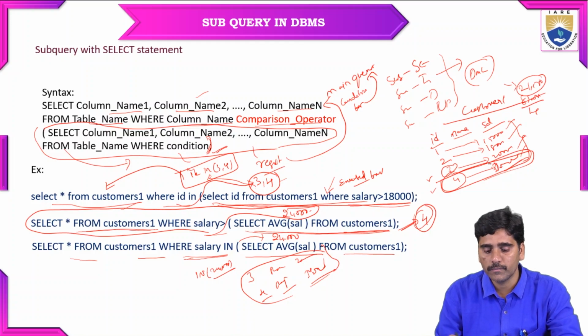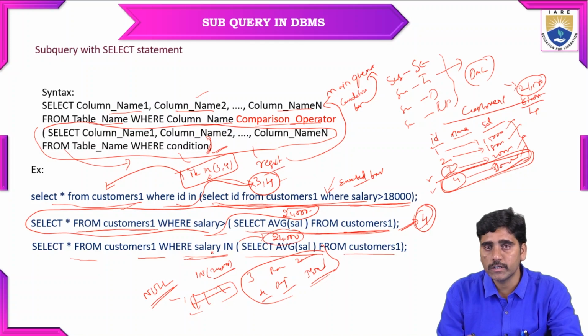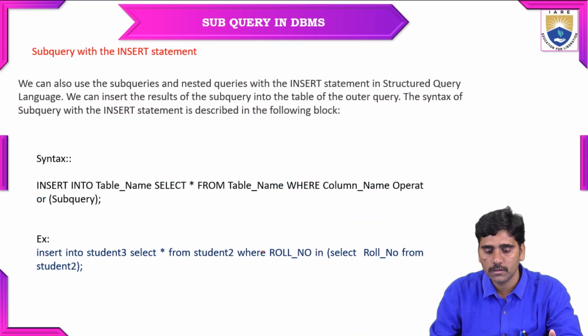If it exists, it displays the person details. If it does not exist, it displays null. On this condition, a 24,000 salary customer is not available, so it displays null.